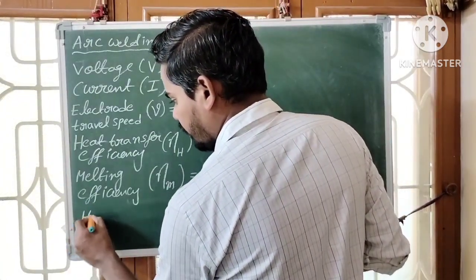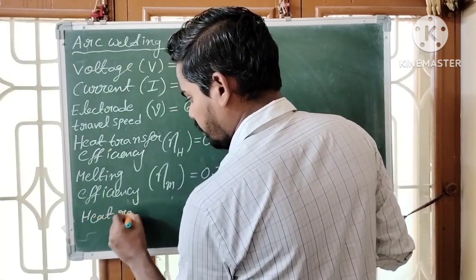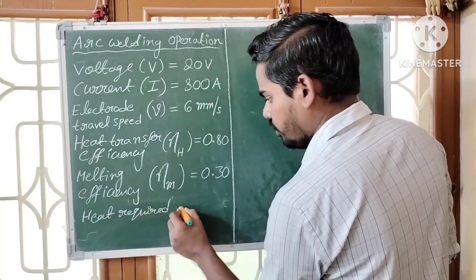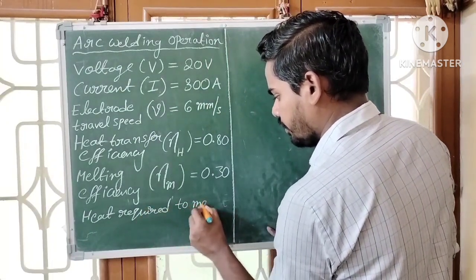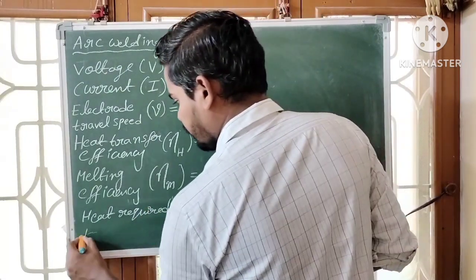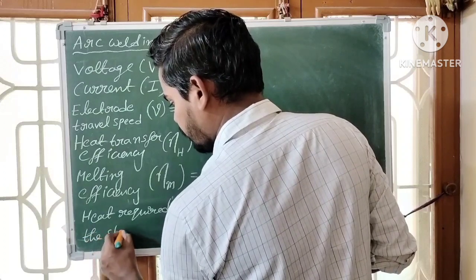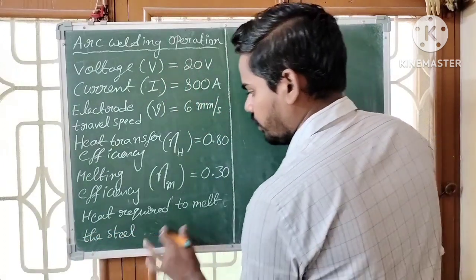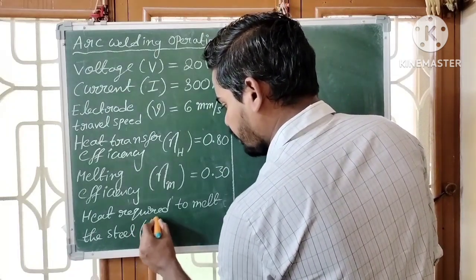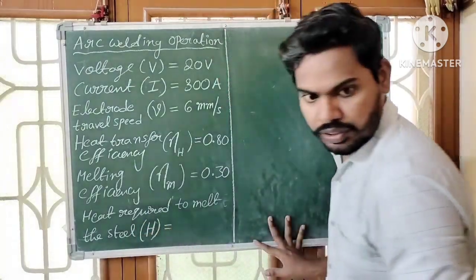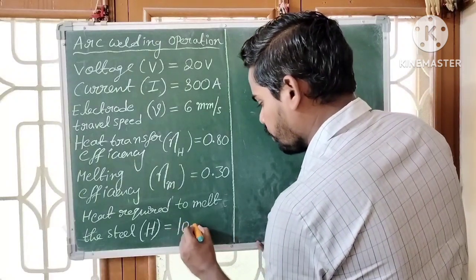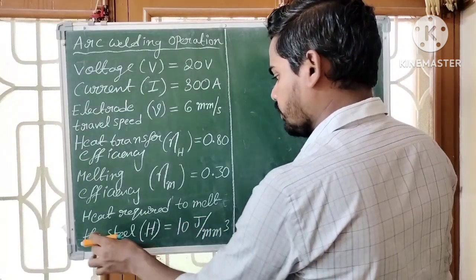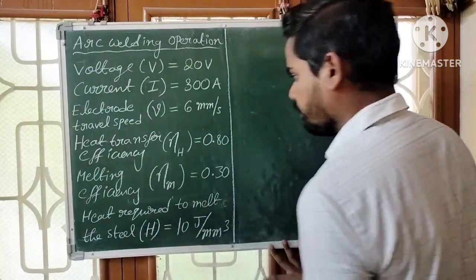Also given, heat required to melt the steel. How much is given? Heat required to melt the steel, let us say capital H, is equal to 10 joules per mm cube.